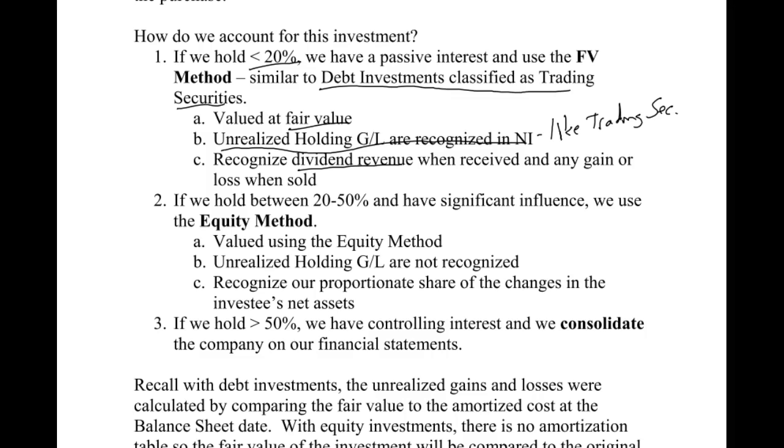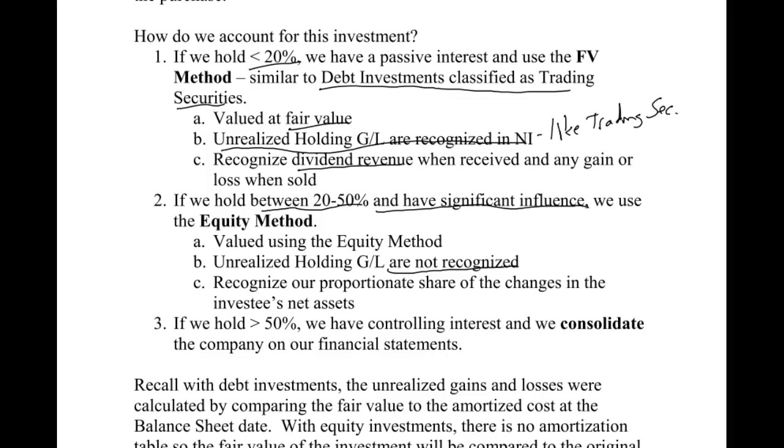All right, if we hold between 20 and 50%, and this is important, and have significant influence, we'll talk about that when we get there, we use what we call the equity method. Unrealized holding gains and losses are not recognized, meaning we do not adjust to fair market value.